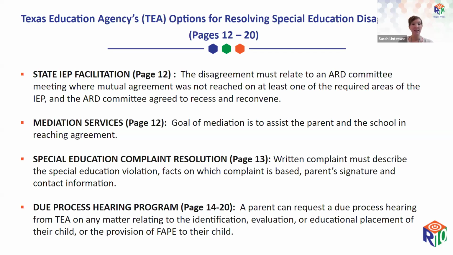This complaint is given directly to TEA. And then the final option is the due process hearing program. So a parent can request a due process hearing from TEA on any matter relating to the identification, evaluation, or educational placement of their child, or the provision of FAPE to their child.